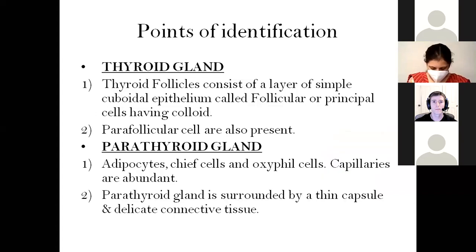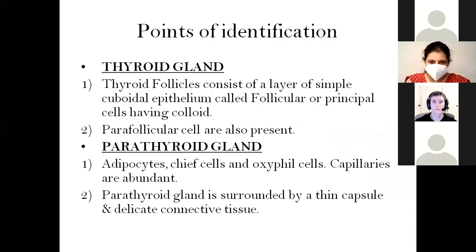Okay, so if we talk about the basic points of identification for thyroid gland and parathyroid gland, they are listed over here. These are the basic points that you will be required to write down if you identify the slide of thyroid and parathyroid. For example, if you get a slide of thyroid gland in your exam and you're asked to write down the points of identification, then: thyroid follicles consist of a layer of simple cuboidal epithelium called follicular or principal cells, and the center is filled with colloid.